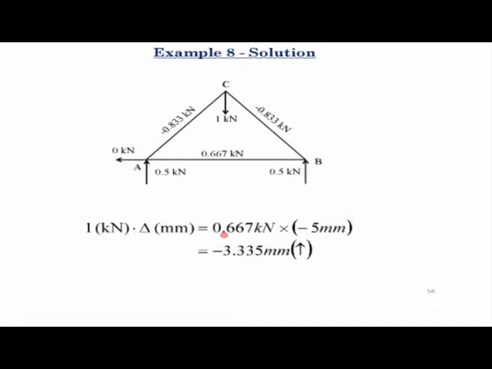So it is -5. So it comes out minus 3.335. Now here it is minus, the virtual load was assumed to be in the downward direction. Since the answer came out to be negative, that means the vertical displacement of this joint due to the fabrication error in this member will be in the upward direction, and the magnitude of that displacement would be 3.335 millimeters.